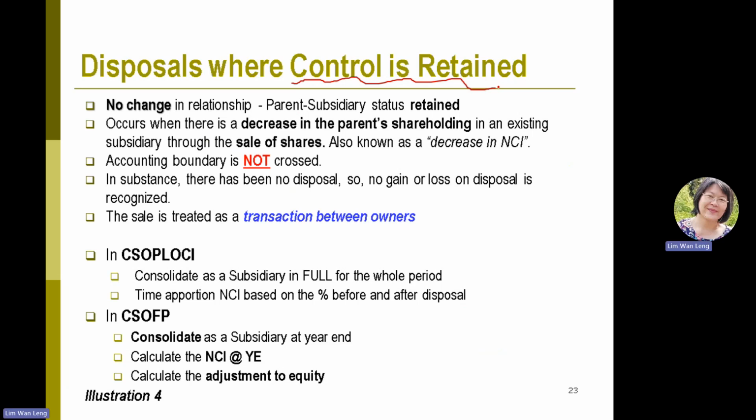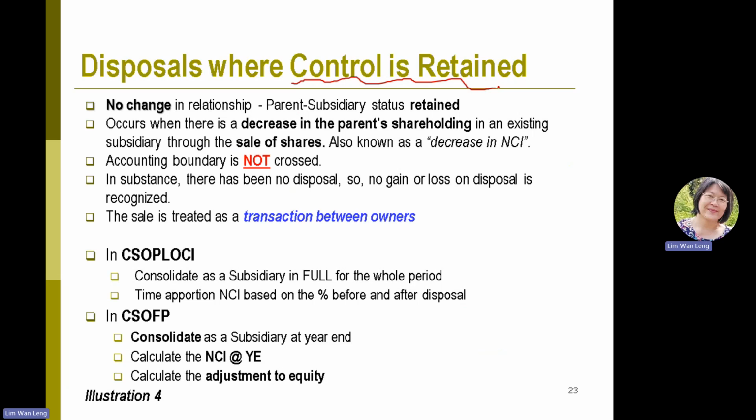So the first bullet point says there is no change in relationship. Originally parent and subsidiary, after the disposal your status is still parent and subsidiary. In other words, you sell away some of your shareholding, you dispose of your shareholdings to the NCI.